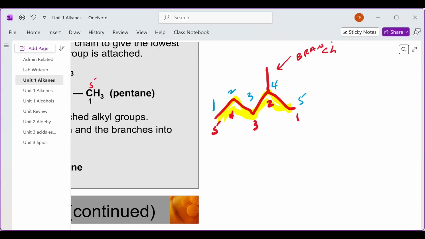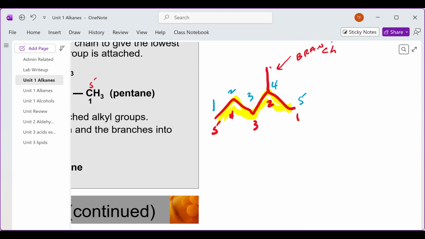Now, we can also start it up here on the yellow backbone. So both of them work. Okay, numbering wise though, there's two numbering systems we're going to use here. One in red, one in blue. So let's name them. And all I've done is the red starts on the right numbering, the blue starts on the left numbering.